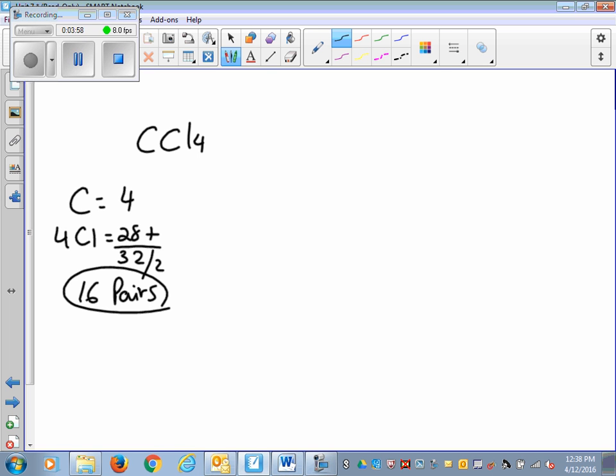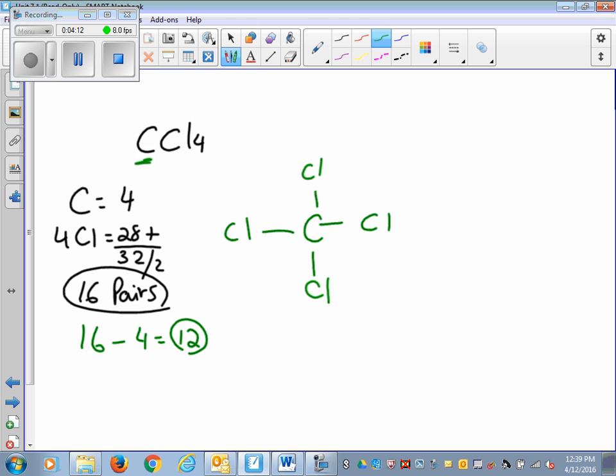Carbon is the central atom. I use 4 pairs to make 4 bonds with 4 chlorines, so out of 16, I used 4 pairs and I'm left with 12 pairs. Carbon already has 8 electrons around it: 2, 4, 6, 8.